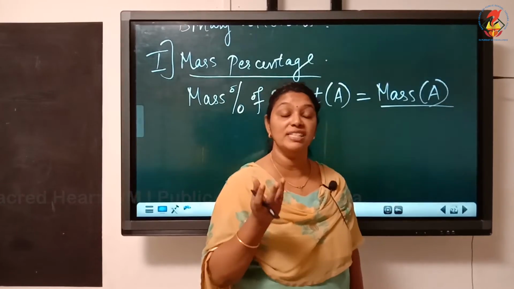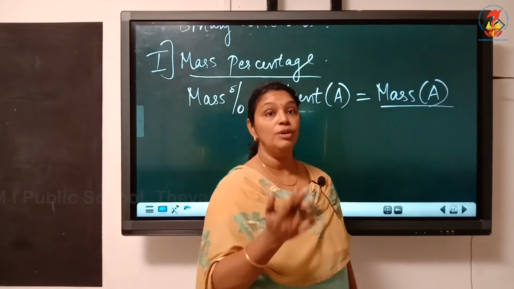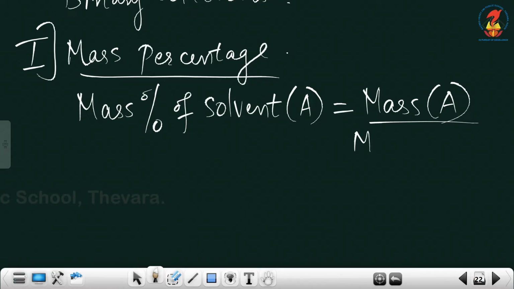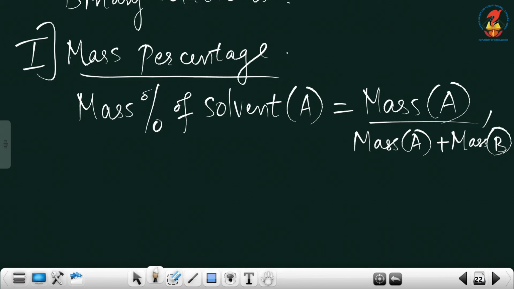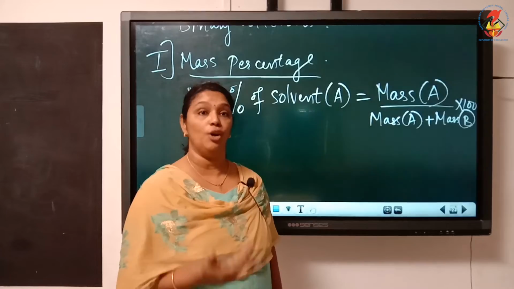When I say total mass of solution, solution has solute and solvent in it. So, total mass of solution means mass of solvent A plus mass of solute B, into 100. So, this is the expression to find the mass percentage of solvent.